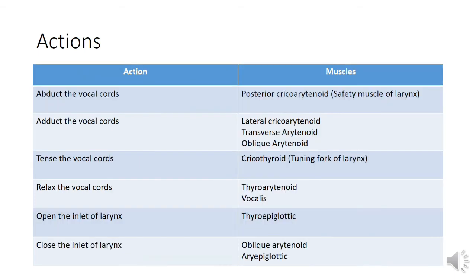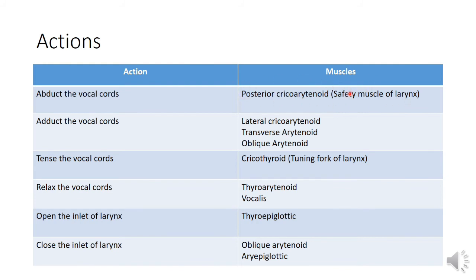So there are 6 actions, 3 sets of actions. The abduction and adduction of vocal cord, the tension and relaxation of vocal cord, and opening and closing of inlet of larynx. The abduction of vocal cord is brought about by a single muscle, that is the posterior cricoarytenoid, called the safety muscle of larynx.